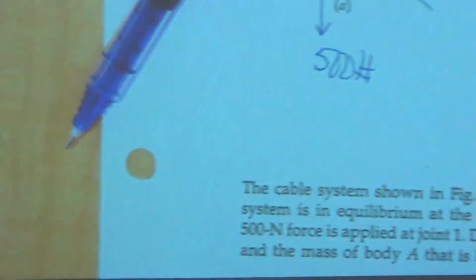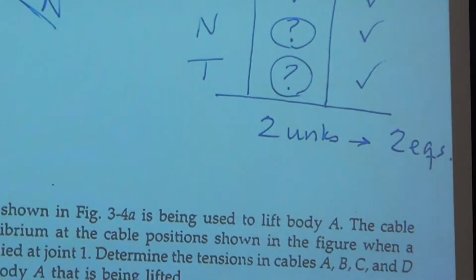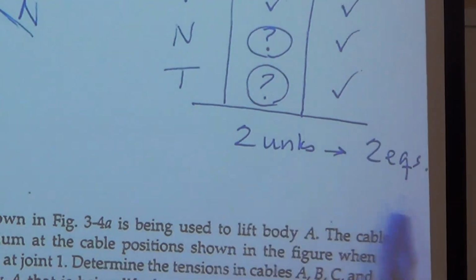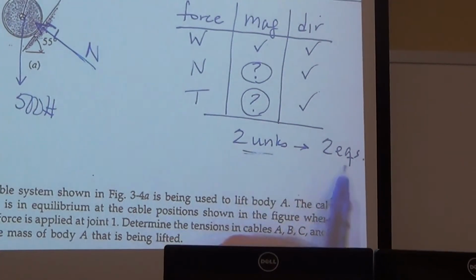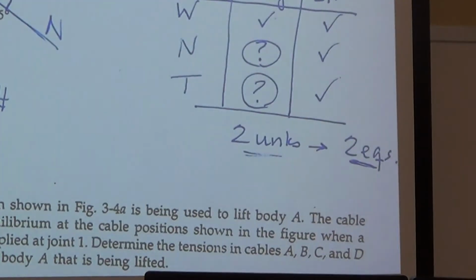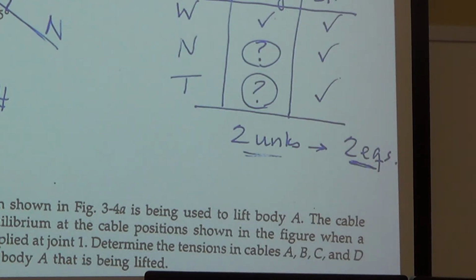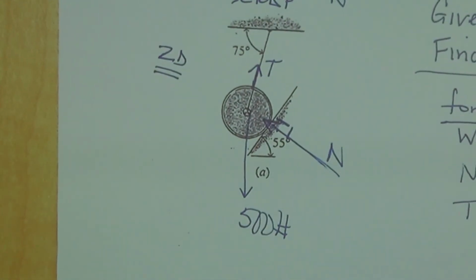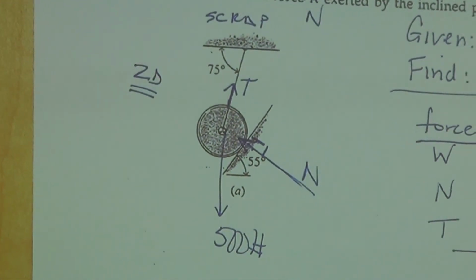So Chelsea, we found analyzing this problem that we have 2 unknowns. And since we have 2 unknowns, we need 2 equations. How many bodies do I need to analyze? This is a 2D problem, right? And we know that we have 2 equations for each body.